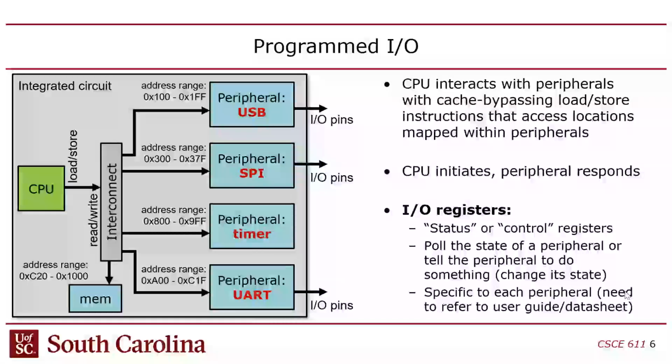So what is programmed I/O? This is the thing that used to bug me when I was an undergraduate student. I would take an architecture course, and they said, okay, there's three types of instructions that a CPU can execute. First of all, the only thing a CPU can do is execute instructions, and there's three types. There's arithmetic, logical, shift, and comparison, which are your number crunching, computational instructions, right? Then you've got your control instructions, branches and jumps, that control the flow of instructions, which implements if statements and loops, right?